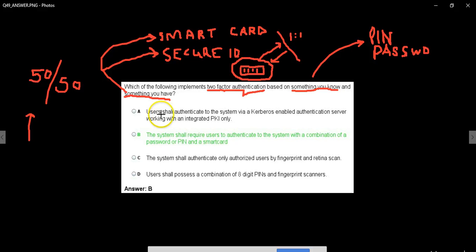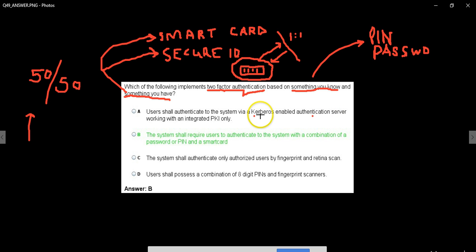All right, so the first option: users shall authenticate to a system via a Kerberos-enabled authentication server working with an integrated PKI only. Kerberos would be a ticket.